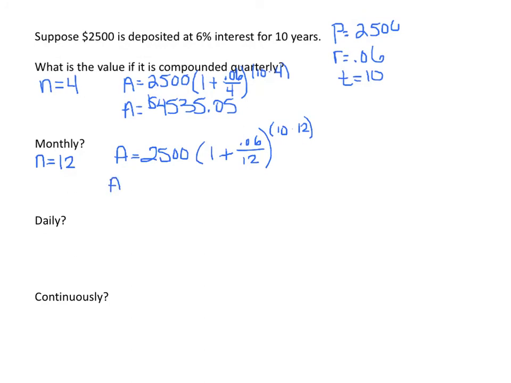So in this case, the value of the account is $4,548.49. So we notice the difference between compounding quarterly and compounding monthly is a difference of what, $13.